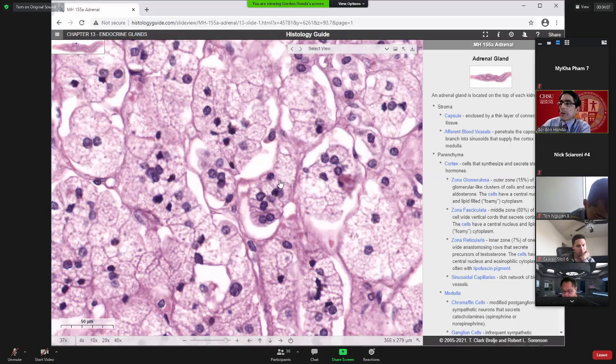And that's because mainly there's a lot of fat within the cytoplasm, usually within a fat vacuole. And again, we know that a lot of steroid synthesis goes on here in the adrenal cortex, and you need a big supply of lipids to synthesize those hormones. So this is why the cytoplasm looks foamy. It's full of fat vacuoles.